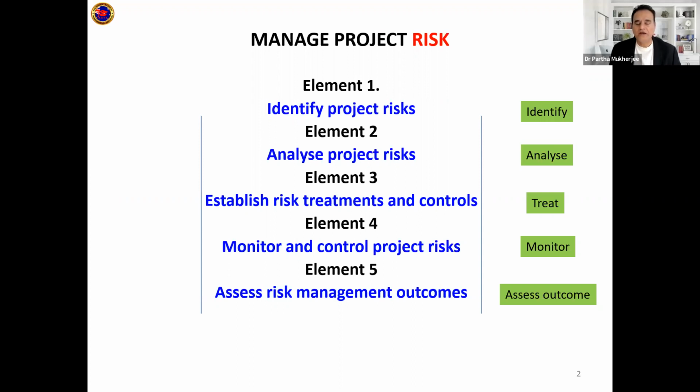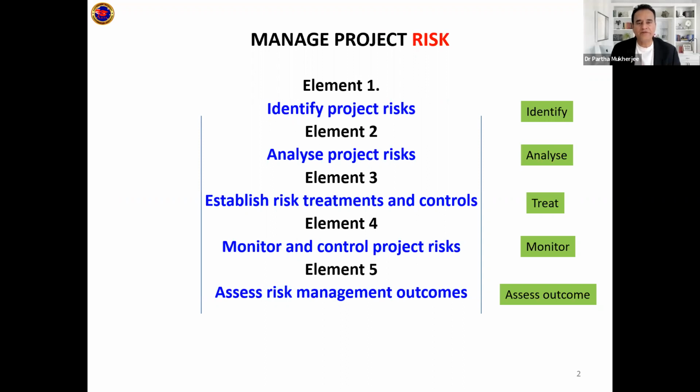And of course, there is always a continuous improvement function, and therefore the last one is to assess the risk management outcome. That means you as a project manager had a strategy for risk management, and you will assess whether your strategies worked for this project and what you have learned from this project that you can take to the next project, and what you think were the challenges that were still unresolved.